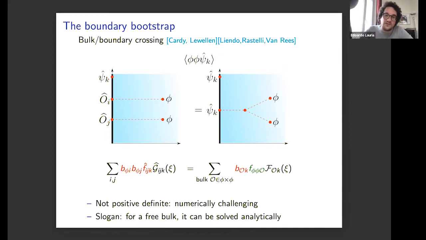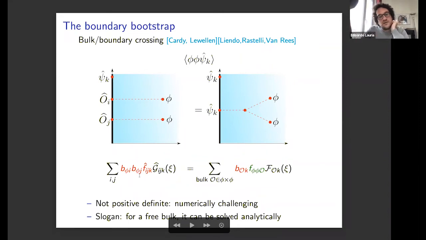They know nothing about the defect. Then, when I fuse phi with itself, I obtain some operator O, and I push this operator to the boundary. So I trade this three-point function for an infinite sum of bulk-boundary two-point functions. But what is important is that these are very complicated infinite sums, and we don't know in general how to solve them.